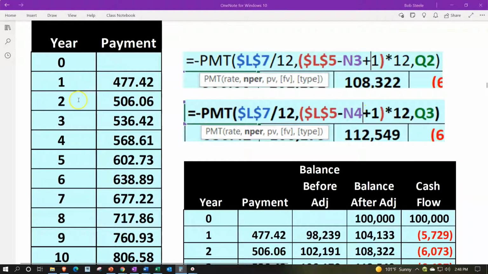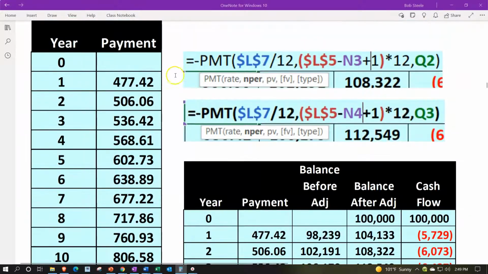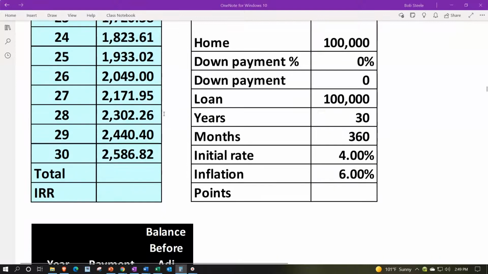It went from 1 to 2 now, plus 1. So in essence, we got 30 minus 2 plus 1, or 29 years, times 12 to get the months, comma, the present value then represents the prior loan balance, which is going to be, in this case, the 104,133. We'll calculate the loan balances shortly. Again, we can copy that down, getting, in essence, our payments in our schedule.